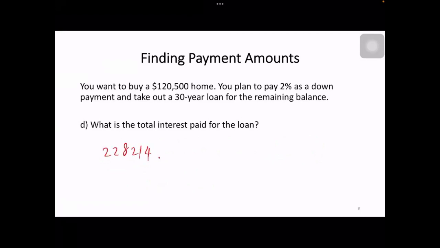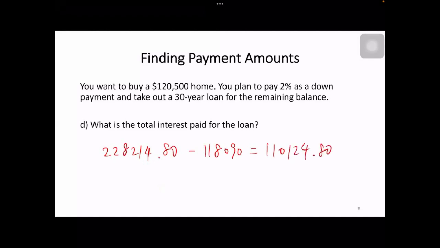228,214.80, right? Yeah, I saw several got it right already. Good job, guys. Minus 118,090, right? The result will be 110,124.80.